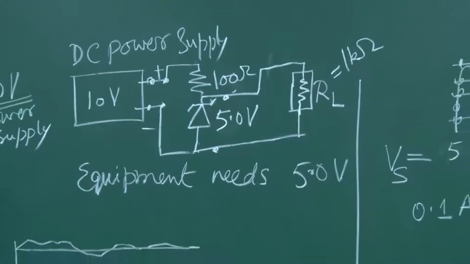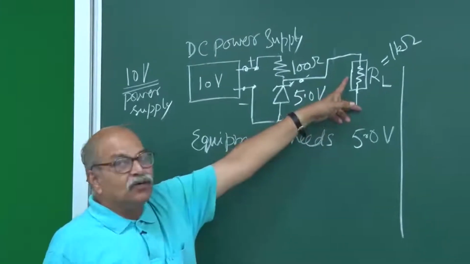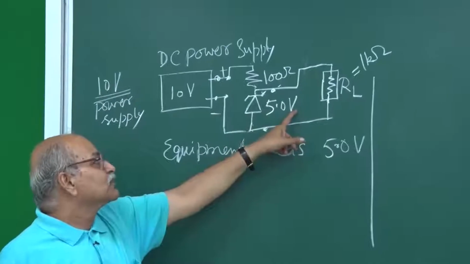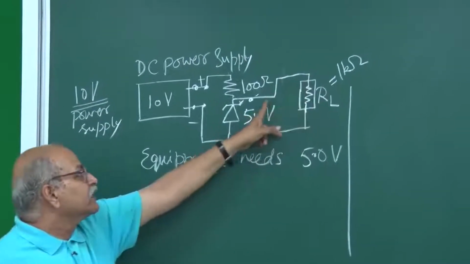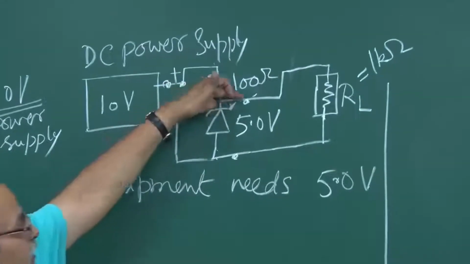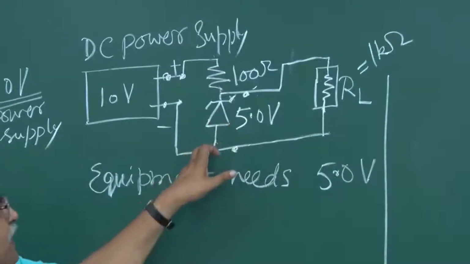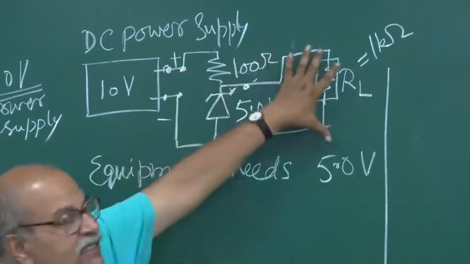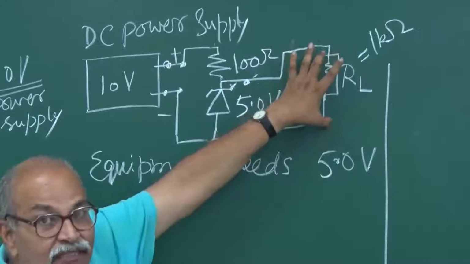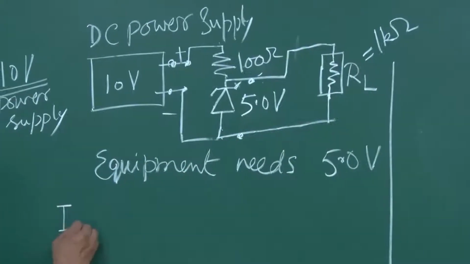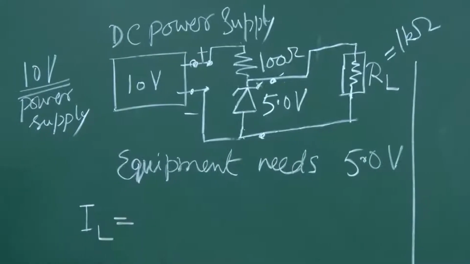Analyze this circuit. The voltage on this RL is 5.0 volts because it is directly connected to this Zener. So this point is directly connected here, and this point directly connected here. So this 5.0 volt must appear here. So what is the current in that load IL?